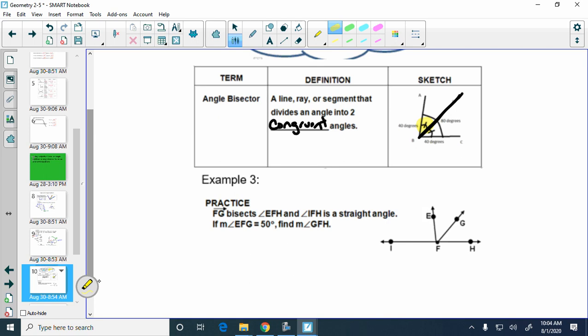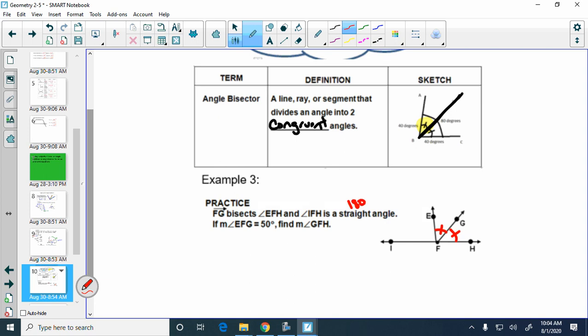So FG bisects EFH. Bisects means this angle is the same as this angle. And IFH is a straight angle. Aha, that means it's 180.